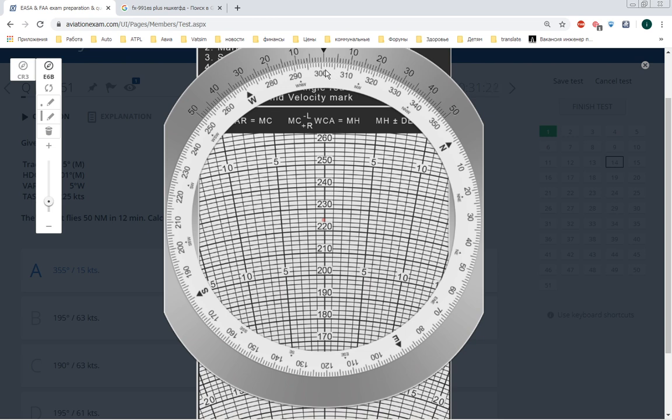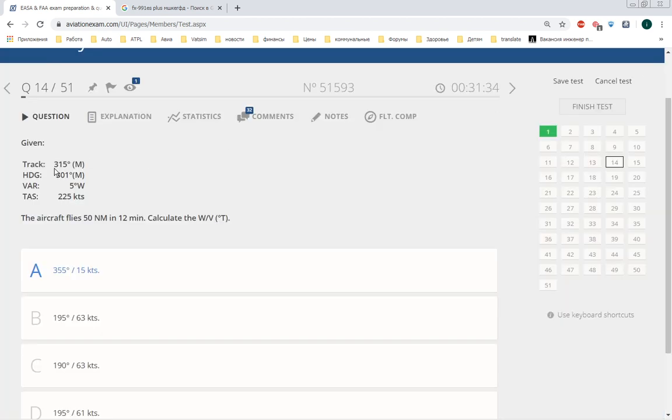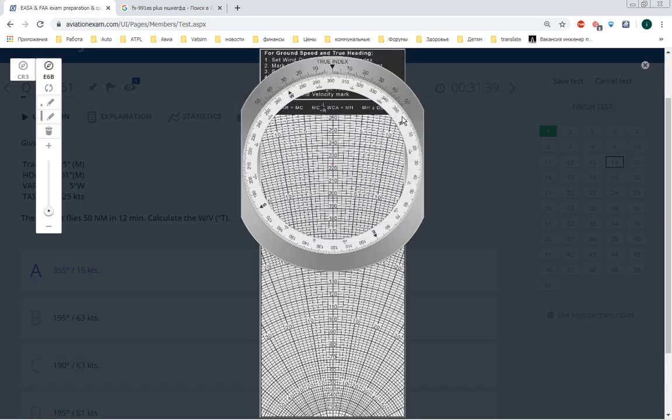Forget about true and magnetic, just our heading, 301 degrees. Okay, we have crabbing, a difference of 14 degrees.